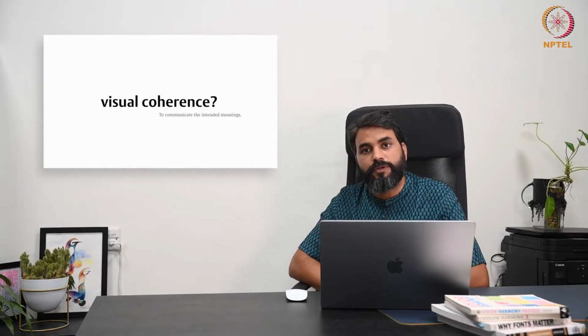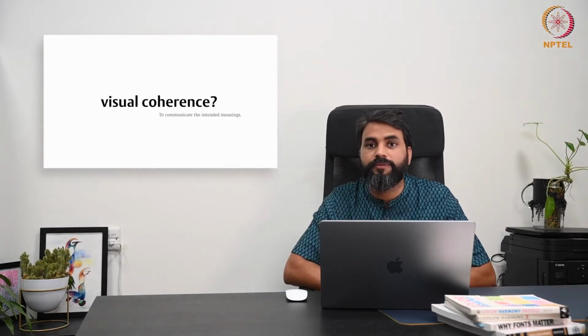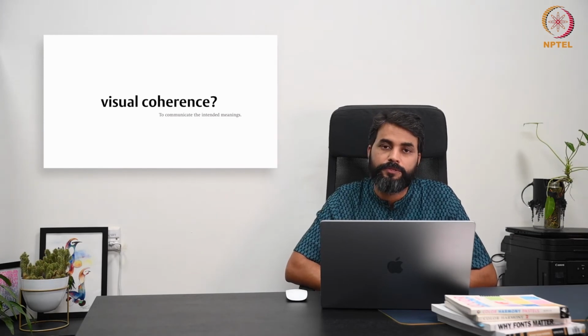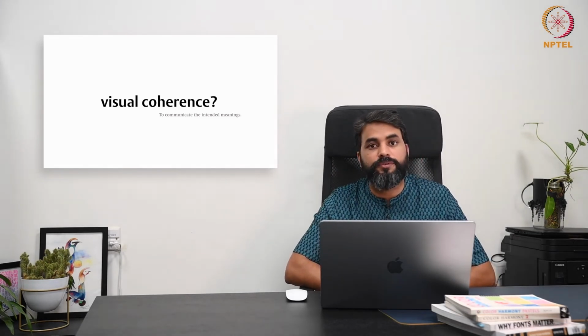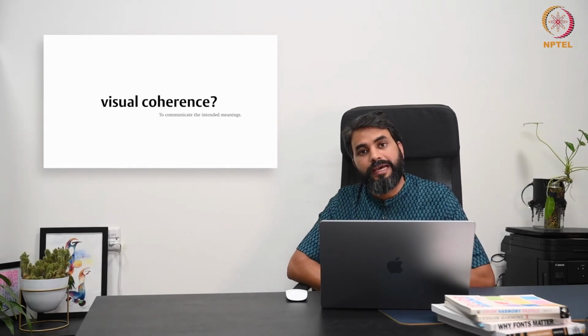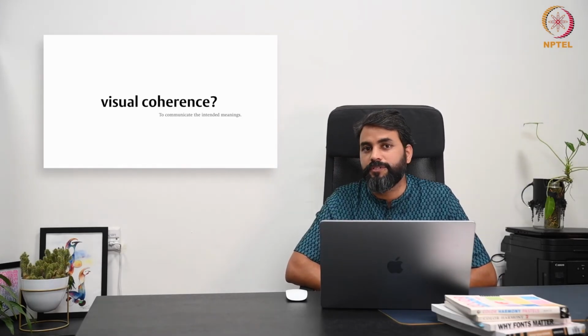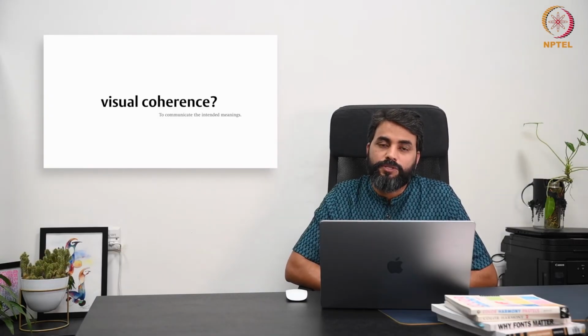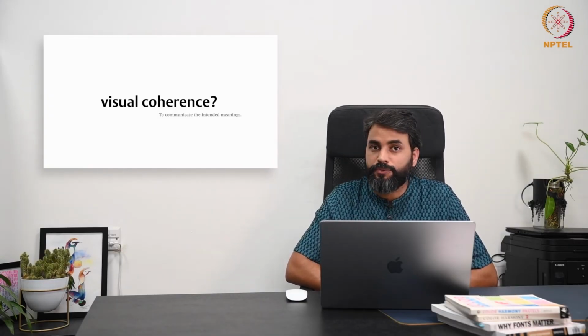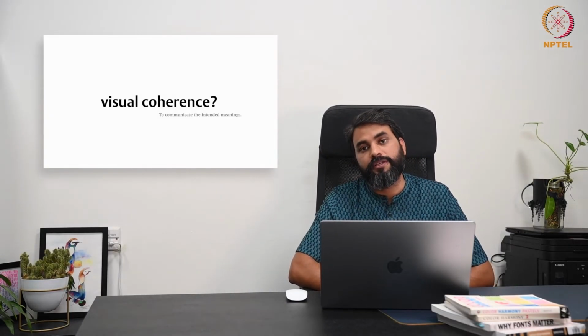To become a successful communicator, one should have in-depth understanding of visual coherence. And in graphic design, visual coherence refers to harmony and consistency of design elements within a piece. This ensures that everything appears unified and aesthetically aligned.